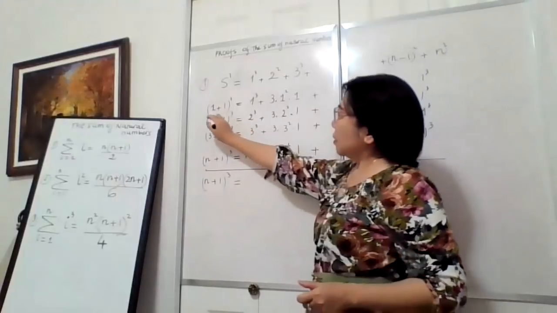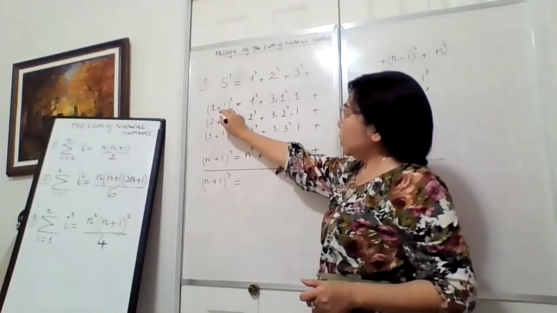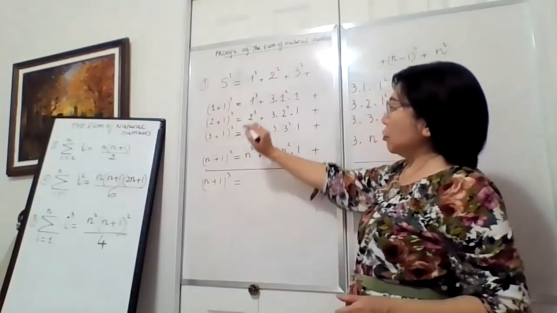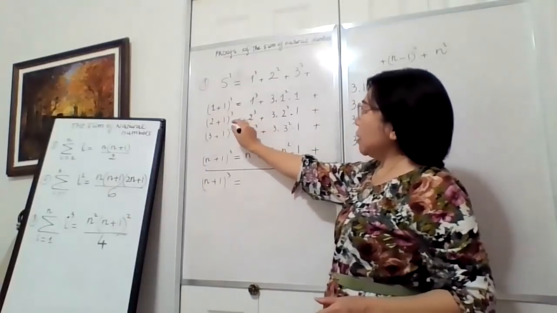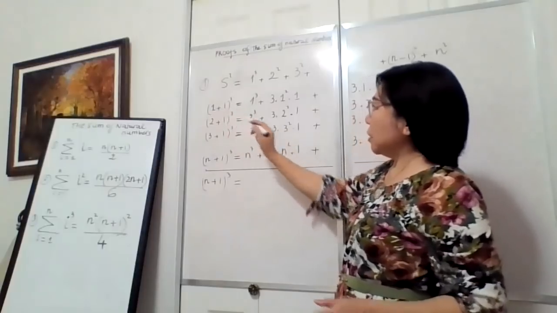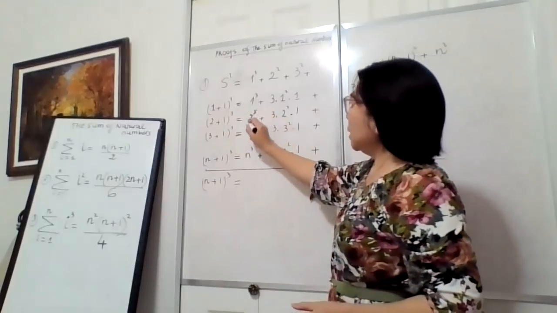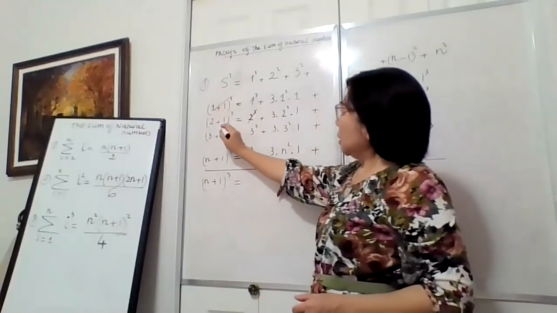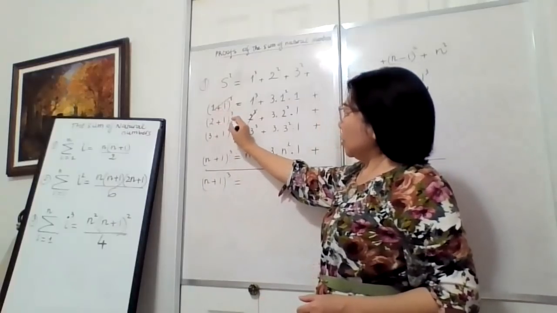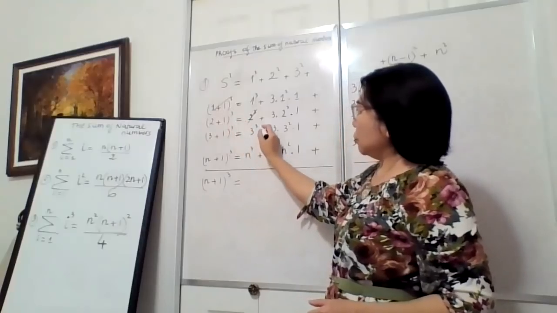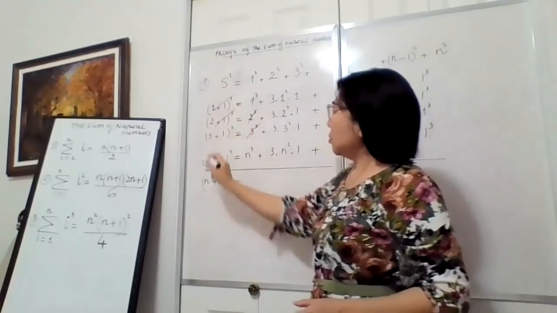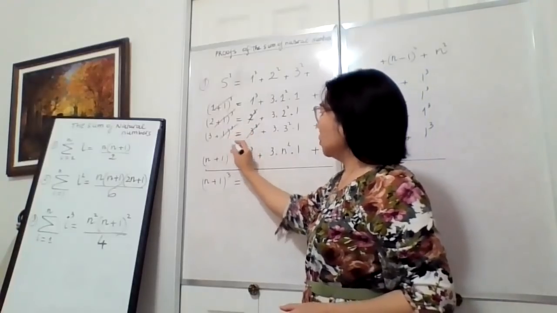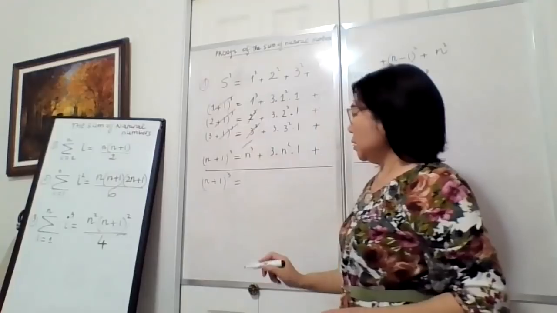So now, let's see what I can cancel. If you look here, we have 1 and 1 is 2 to the power 3. On the left, we have 2 to the power 3 on the right. If I move this number to here, I can cancel them and they are gone, right? So it's just the same line I just read to you. Now I have 2 add 1 is 3, 3 to the power 3, 3 to the power 3. The same, cancel. And this pattern will continue going on, right?